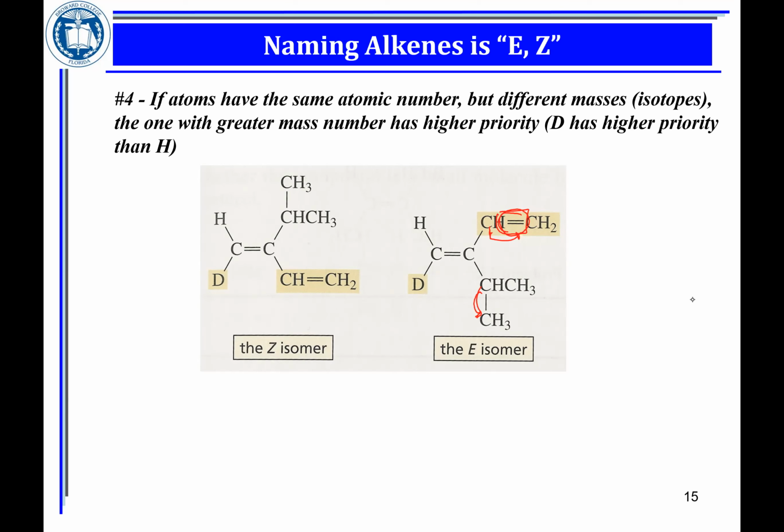In order to determine if it's E or Z or cis or trans, the structural formula must be given. A condensed structural formula doesn't provide enough information for you to say if it's cis or trans or E or Z. E or Z is based on priority. For the priority group, you look for the element directly attached to the carbon with the double bond, and you move one bond away until you find the point of difference.